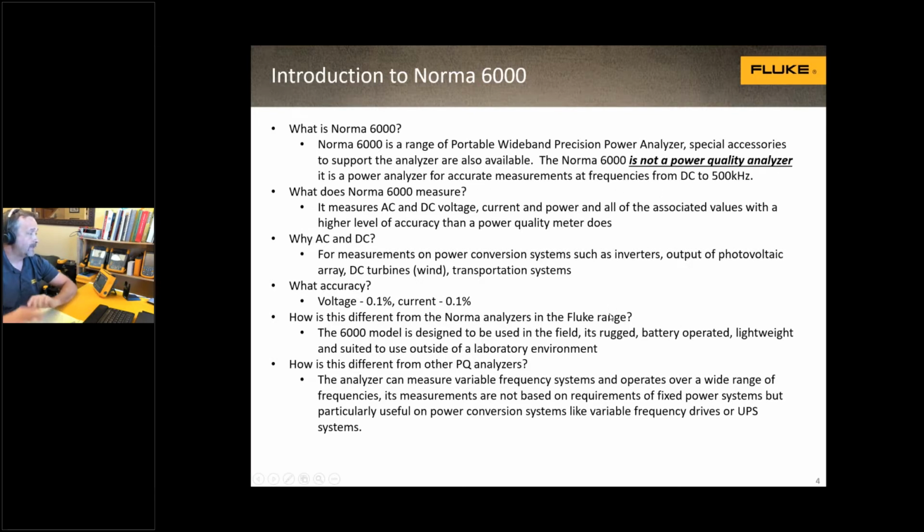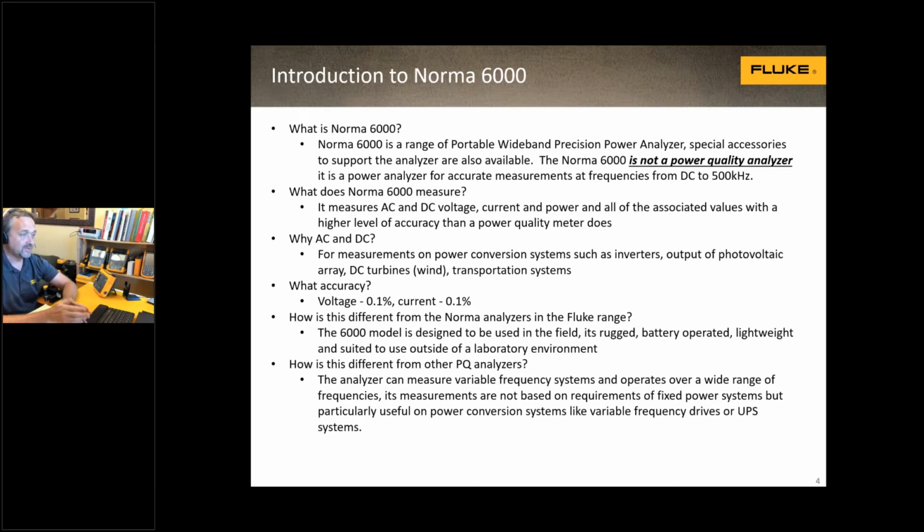The importance of AC and DC measurements today is that you're dealing with a lot of alternative energy systems, battery storage systems, wind farms, solar. These have both a DC and an AC component, but also a high frequency component.